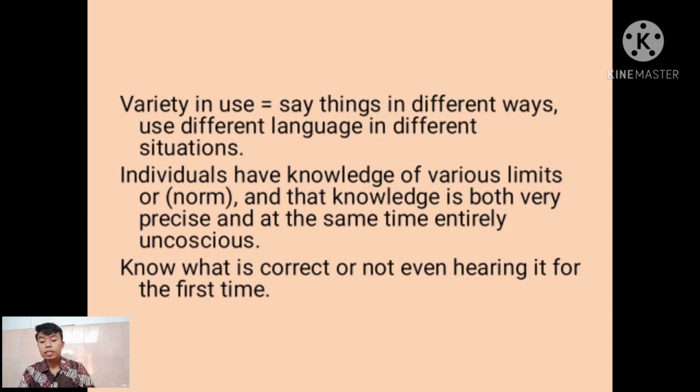Variety in use: people in different settings use language differently in different situations. Individuals have knowledge of the limits or norms, and this knowledge is entirely unconscious. They know what is correct or not, even when hearing it for the first time.